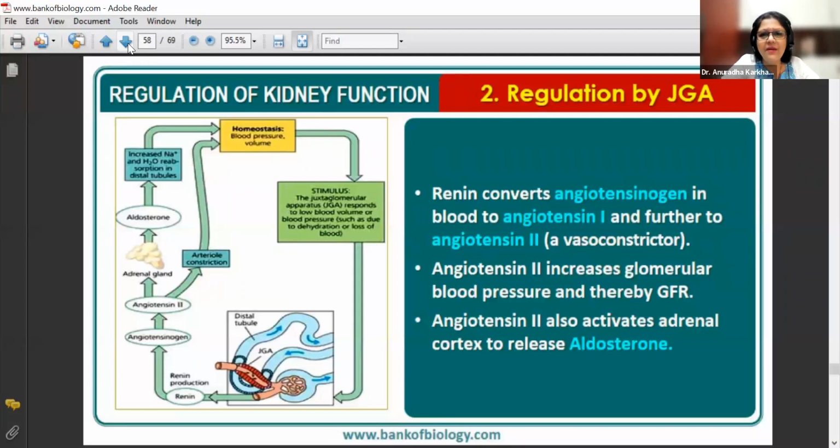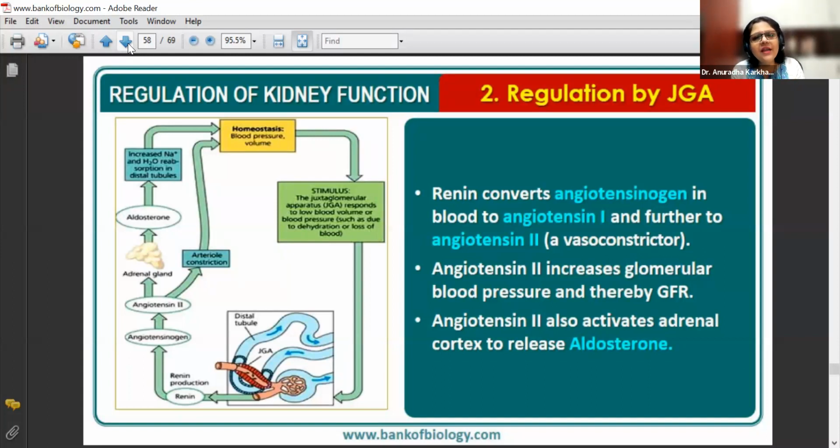Okay? So what has happened? Any difficulty in understanding, beta? So if the filtration rate decreases, and pressure is not bringing blood into the glomerulus, then the JG cells get activated, which are modified cells of DCT. They are going to convert the angiotensinogen of the blood to angiotensin 1.